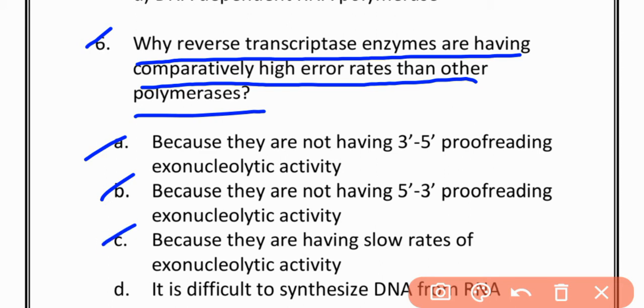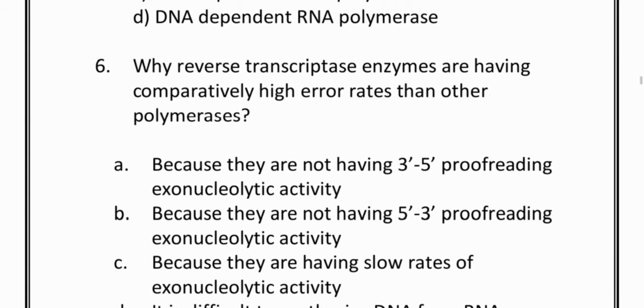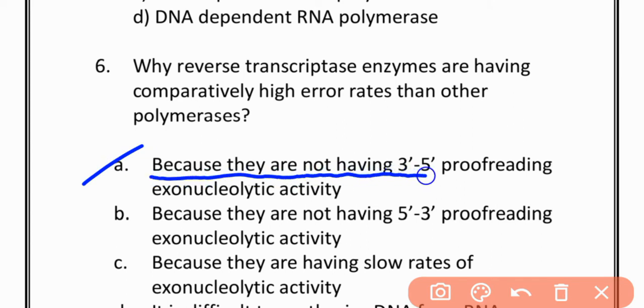C, because they have low rates of exonucleolytic activity. Option D is it is difficult to synthesize DNA from RNA. The correct option is option 1, because they do not have 3 to 5 proofreading exonucleolytic activity.